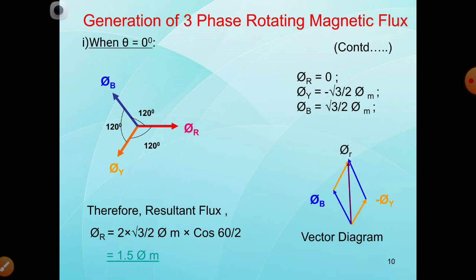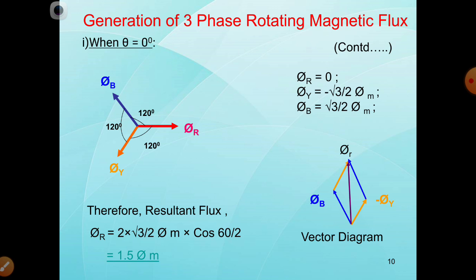The angle between the two phases is 60, so by 2 is 30. Then we get 1.5 times the maximum field. That means the resultant field is equal to the flux produced by any one phase into 1.5 times. That is the resultant field.